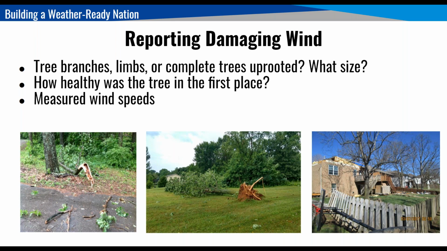There's a lot more research going into that across the United States, in particular in the National Weather Service, taking a closer look when we're doing our storm surveys at the different tree types, and how they may hold up differently with winds. And also measured wind speeds, if you're able to get a measured wind speed from a home station, allowing us to maybe compare that to nearby sites as well, to really help out.